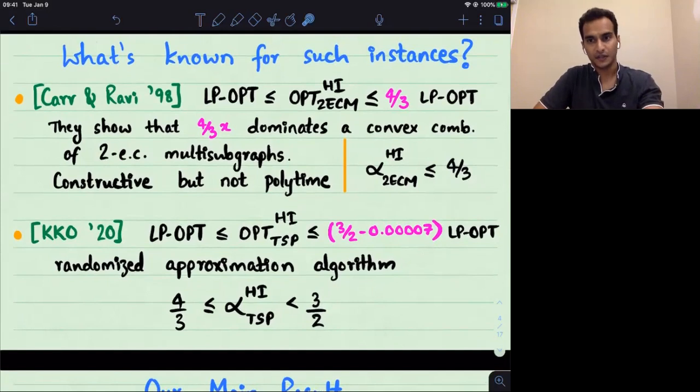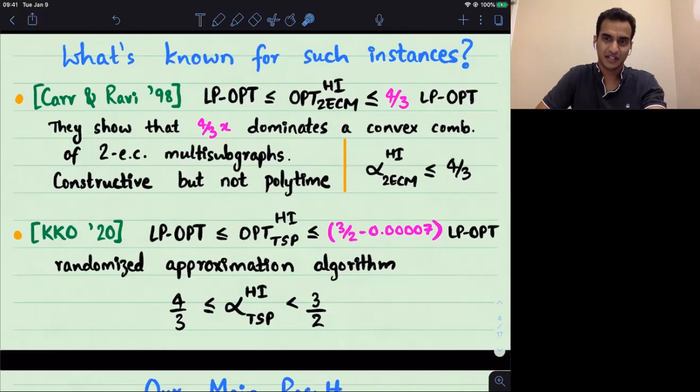What's known for such instances? More than 2 decades ago, Carr and Ravi showed that the integrality gap of 2ECM on half-integral instances is at most 4/3. They show that the uniform vector 4/3 x dominates a convex combination of 2-edge connected multi-subgraphs.